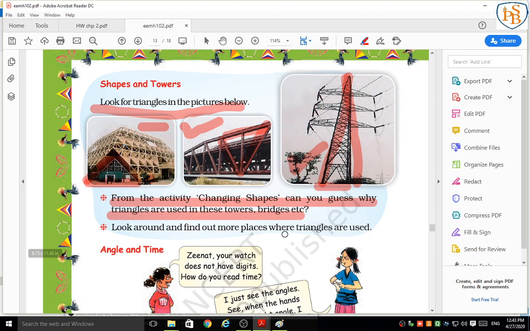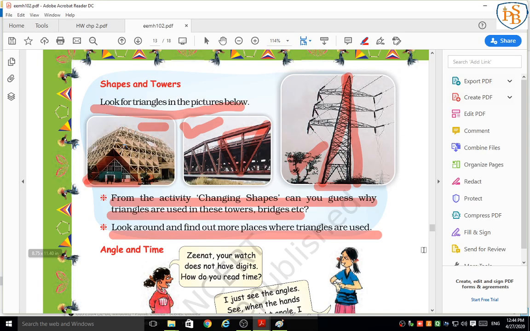For changing the shape we have learned that if we push the triangle, the angle is not going to change. The shape is not going to change. That's why triangles are used for making towers and bridges. Okay, students? So like this, look around and find more places where triangles are used.